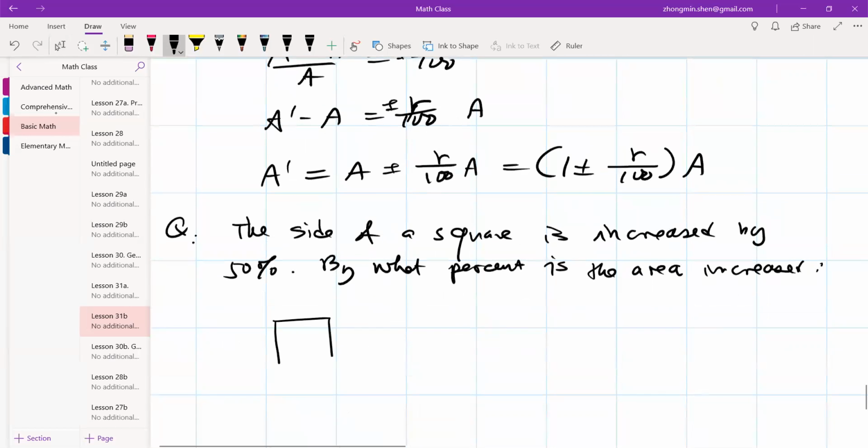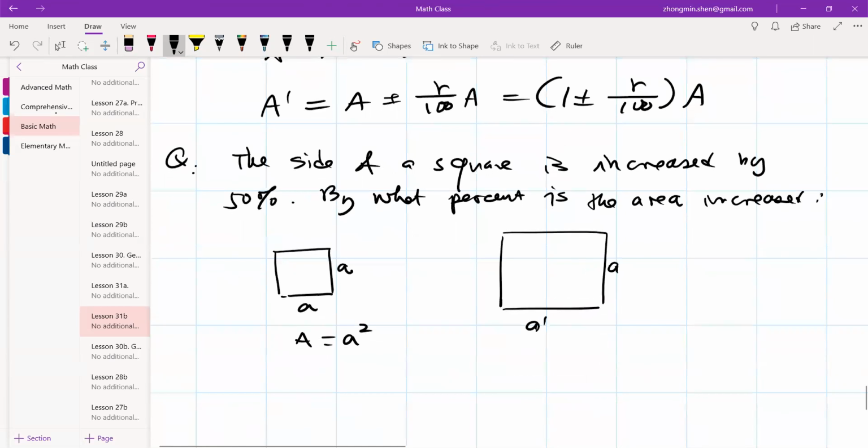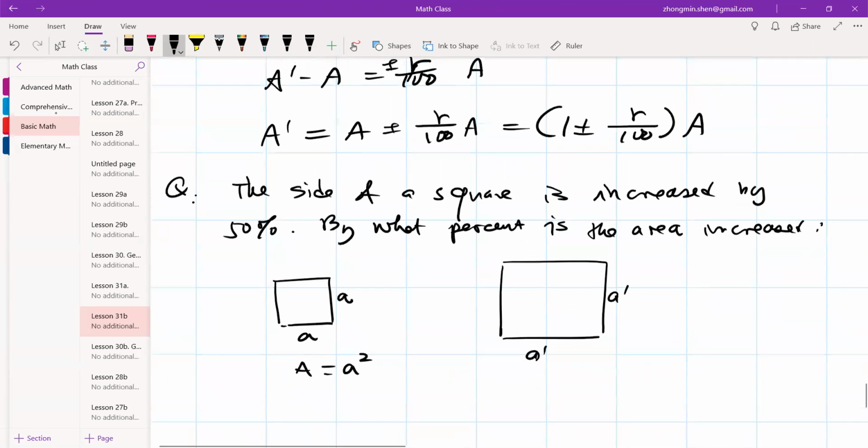You can do the following. Here's A, right? The area is A squared. Okay, so you enlarge, the side is increased to A prime. It's increased by 50%. 50% means you look at the above formula. It's going to be 1 plus 50 over 100 times A. So actually it's 1.5A.